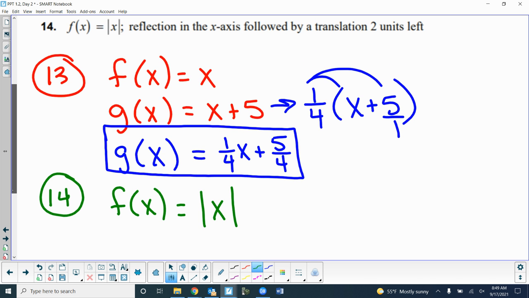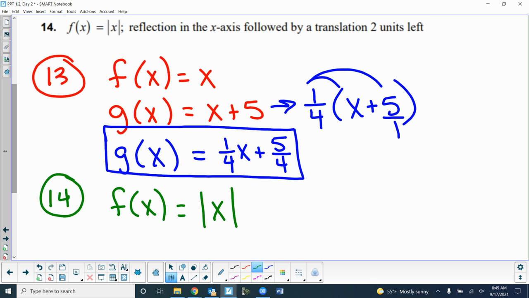All right, so we're doing a reflection in the x. What changes? The y changes. So we're just making the y opposite. Remember, f of x equals is just like y equals.